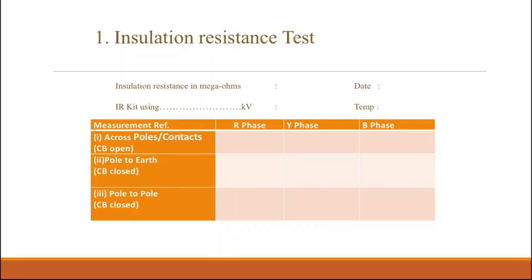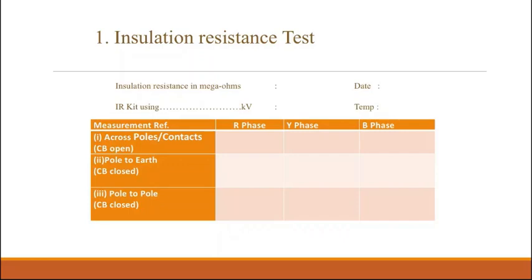The second case is the closed condition. The closed condition is when the breaker is in the on position, how much insulation is offered by that particular breaker, the strength of the insulation to withstand that voltage level. There should not be any leakage current between the live conductor and the ground.